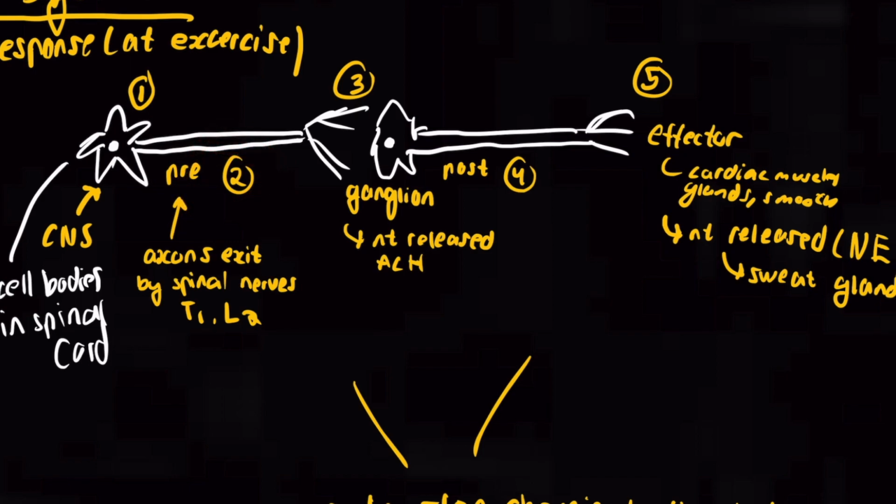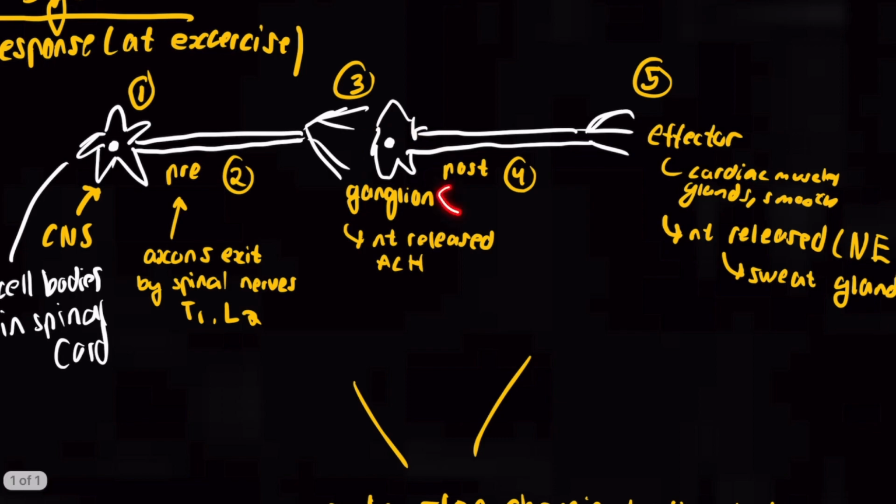This will then send synapses onto the ganglion here. So here between the preganglionic and postganglionic neuron, the neurotransmitter acetylcholine is released for the sympathetic. So it will then go from preganglionic to postganglionic.